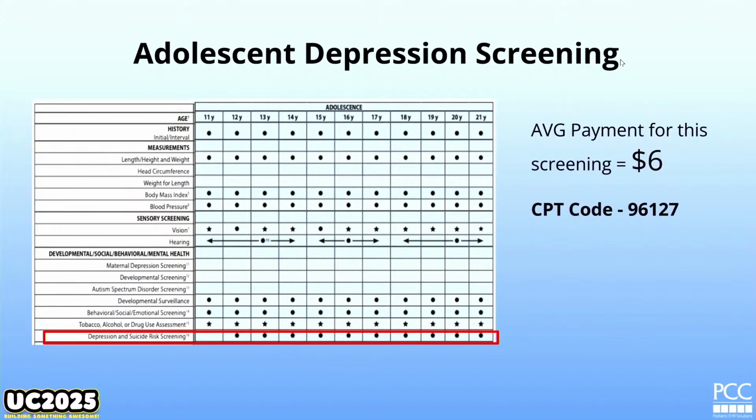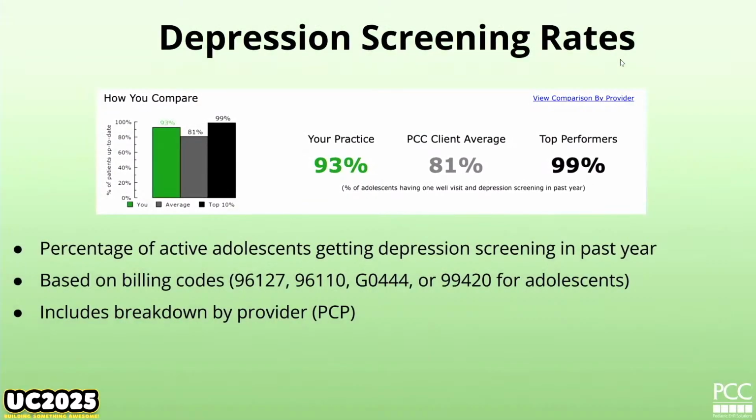Talk a little bit about adolescent depression screening. This is one of the screenings recommended in the Bright Futures periodicity schedule, starting at age 12. Average payment for this across PCC clients is $6. I know some people don't get that much. Some people don't get anything. But this measure is included in the dashboard.